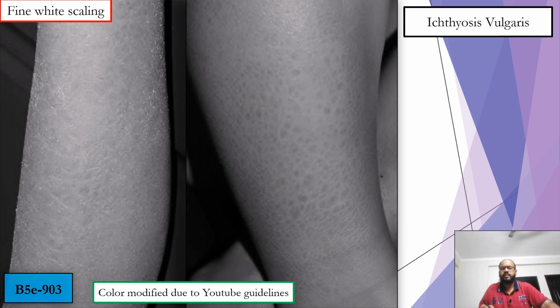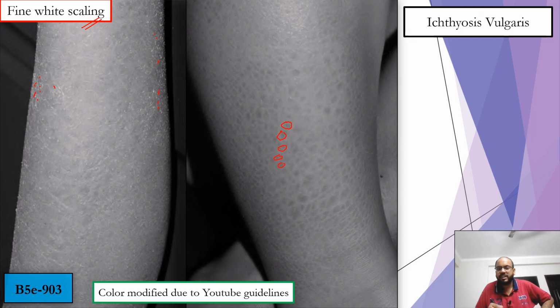Now look at this. I've taken this clinical picture from Bolognia, and some of you might be seeing it in black and white because of general YouTube guidelines, while some of you will be seeing it in color. So let's see the fine white scaling that you see. Look at all the skin. It's covered with fine white powdery-like scales. And if you look at the size of the scales, they are smaller.